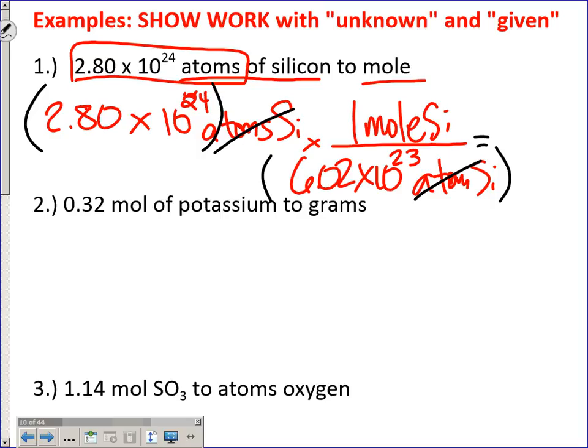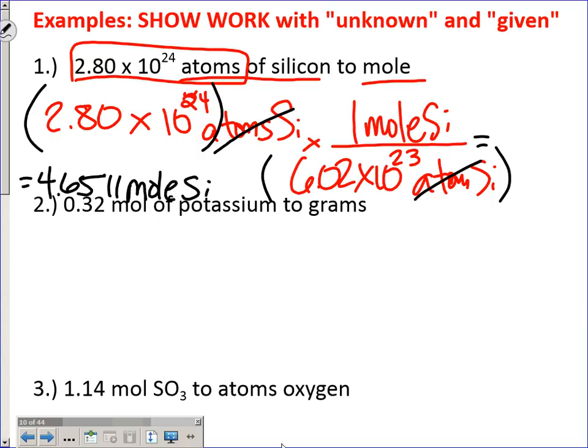Emily, you got that? Yeah. 4.65. So 4.6511 times 10 to the, oops, sorry, no times 10 to the, that's it, right? What are the units here? Units that are remaining? Moles of silicon.